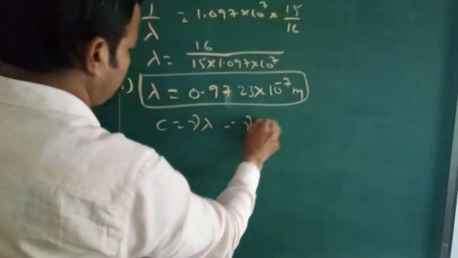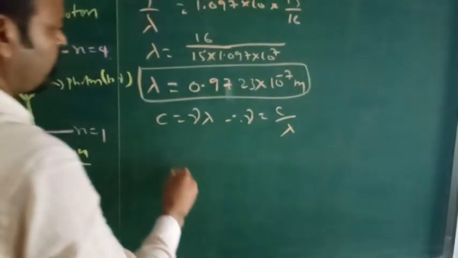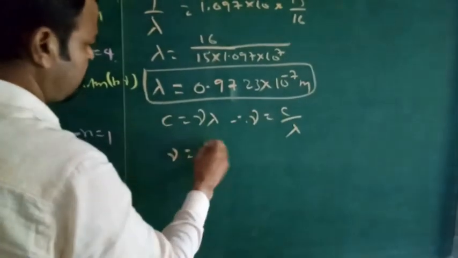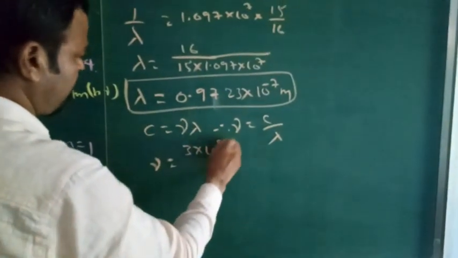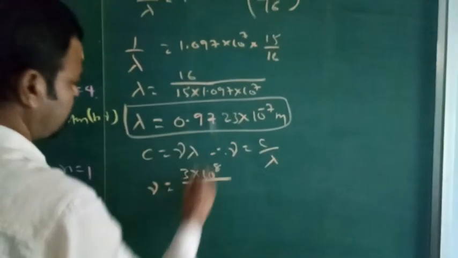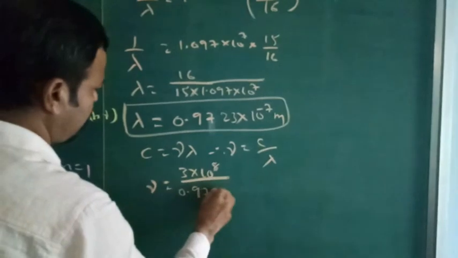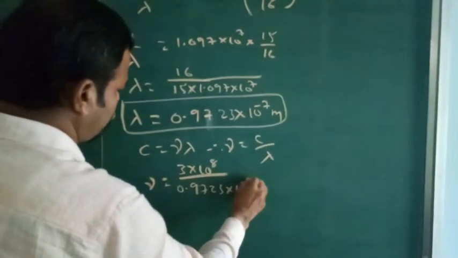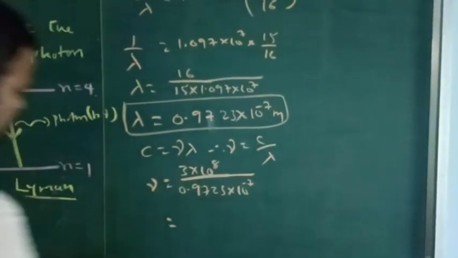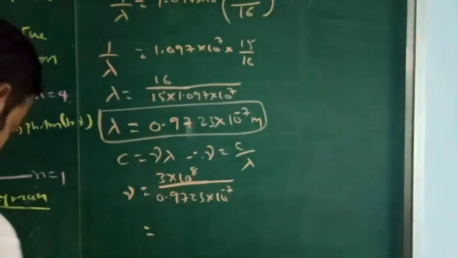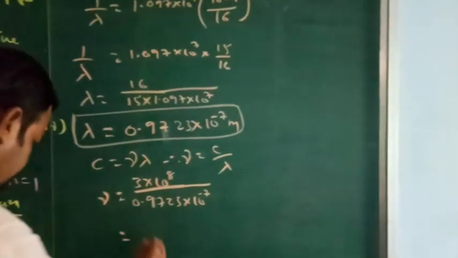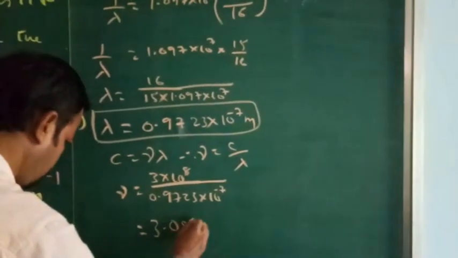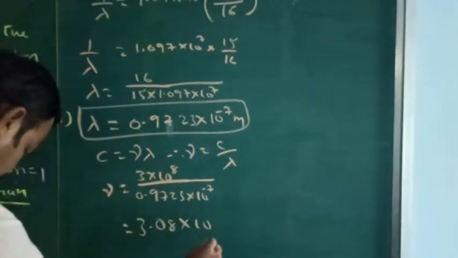Therefore, nu is equal to C by lambda, which is 3 into 10 power of 8 divided by 0.9723 into 10 power of minus 7. Finally, we get the frequency 3.08 into 10 power of 15 Hertz.